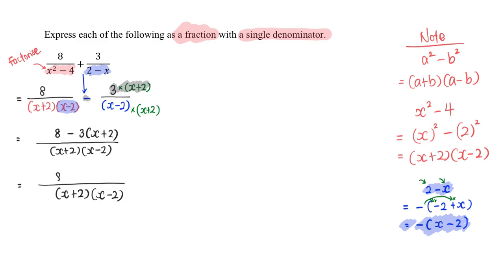So I will have my 8 and I will expand and simplify. This is negative 3 multiplied by x will give me negative 3x. Negative 3 multiplied by positive 2, negative 6.